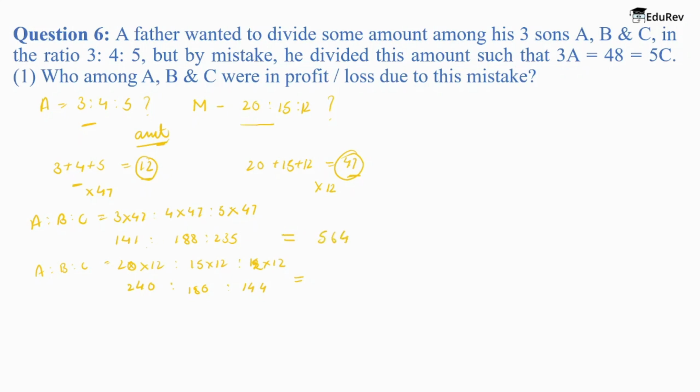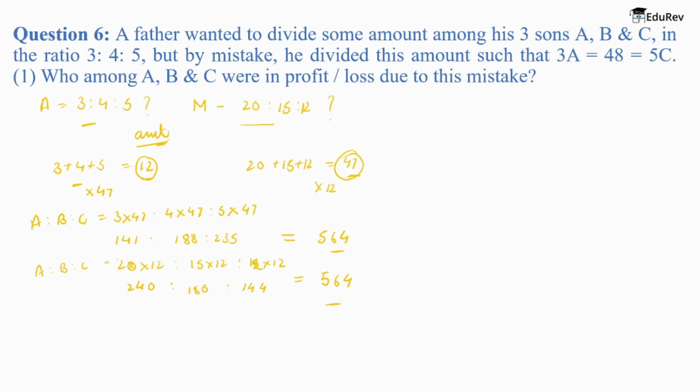When you add 141 plus 188 plus 235, it is equal to 564. And when you add 240 plus 180 plus 144, it will also be equal to 564. Okay, so now the ratio also reflects it and the amount also reflects it.